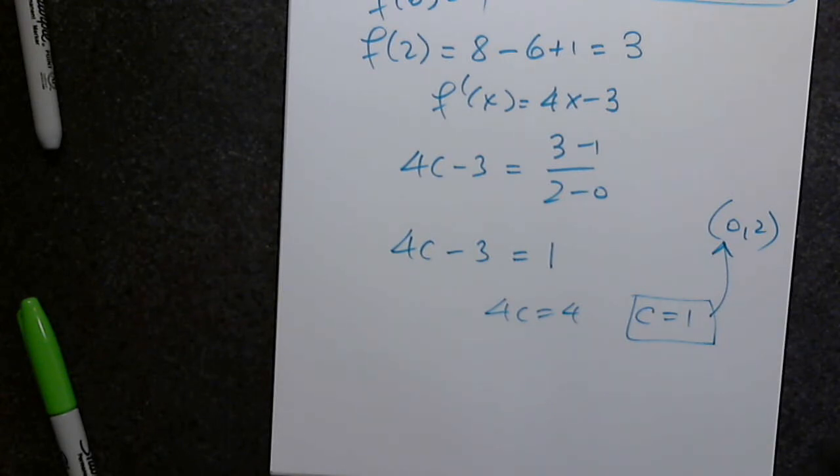Okay, so let's go back to test 2 and see what we should review from test 2, or whatever you want. Here's test 2. So we had differentiation rules.